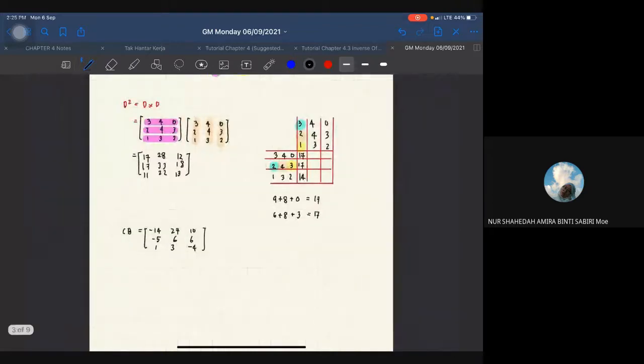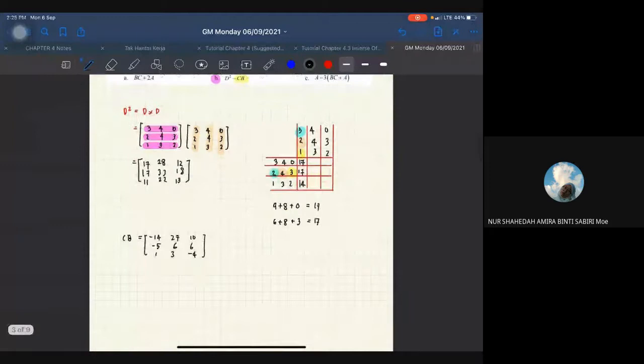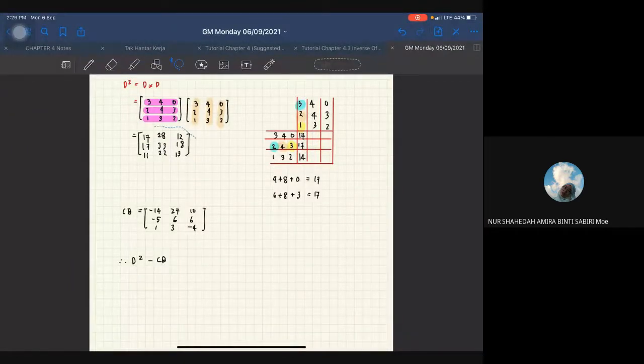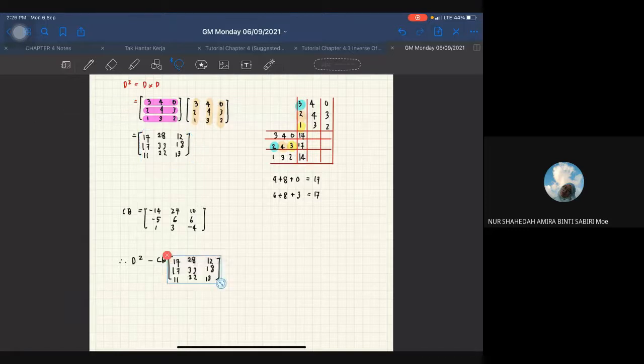Okay, so sekarang we have D squared and also CB. So just minuskan these two matrices, D squared minus CB. Saya copy je this one, and then saya copy this one.